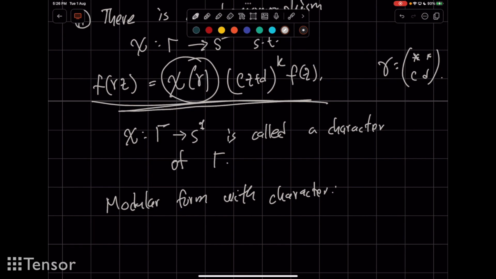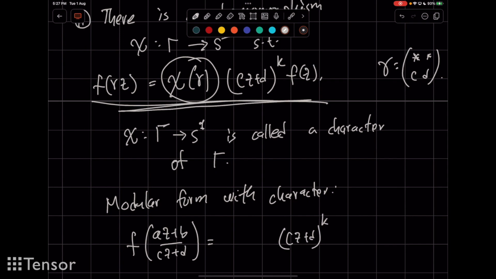A modular form with character must be holomorphic and it must be bounded as the imaginary part goes to infinity. The only change is in the modularity condition. We need f((az+b)/(cz+d)) to equal (cz+d)^k times f(z), but this time we have a character in front. So this is the definition of a modular form with character.